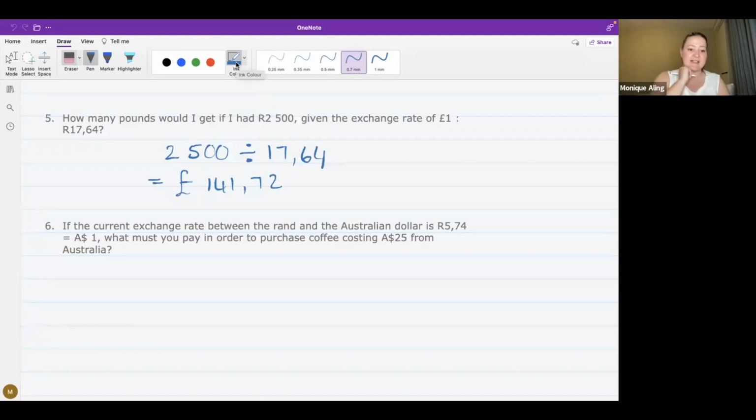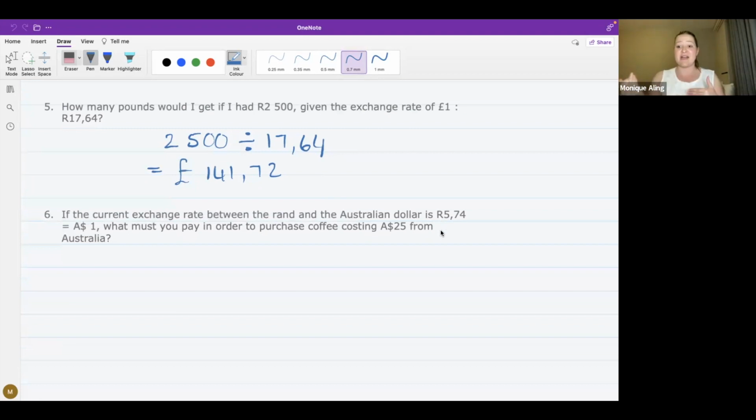Okay, so it says, if the current exchange rate between the Rand and the Australian dollar is 5.74 Rand is equal to 1 Australian dollar, what must you pay in order to purchase coffee costing 25 Australian dollars from Australia? So they don't ask it out directly, like how much is it going to cost you in rands or convert it to rands, but they're basically wanting to know what the rand amount is for that 25 Australian dollars.